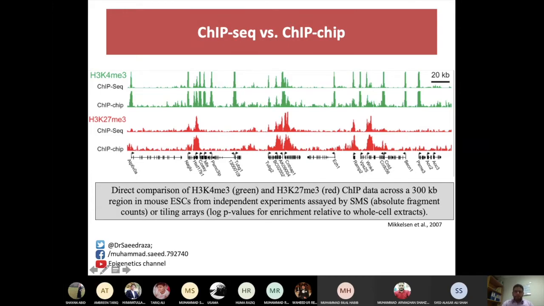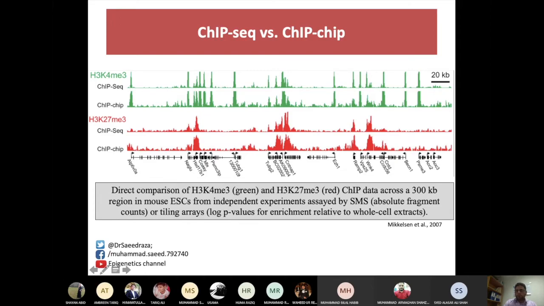A similar thing is shown down here, where you see trimethylation of lysine 27 on histone H3. This chip was done to target the trimethylation status of lysine 27 on histone H3, and again the DNA was processed by two different techniques, CHIP-seq and chip-on-chip.